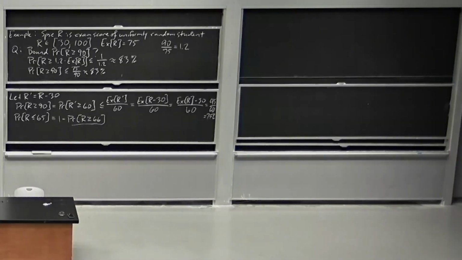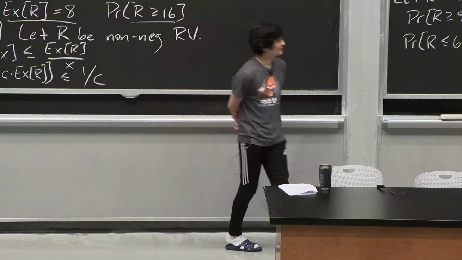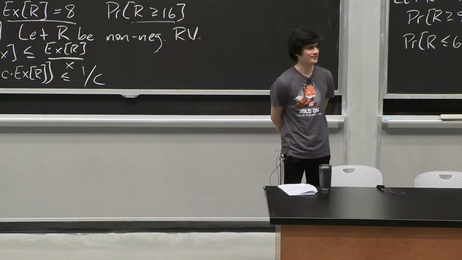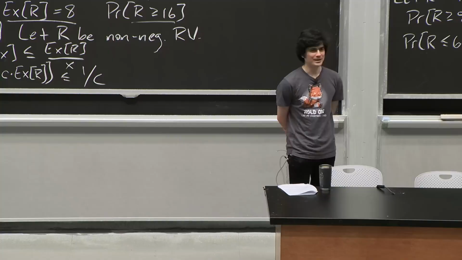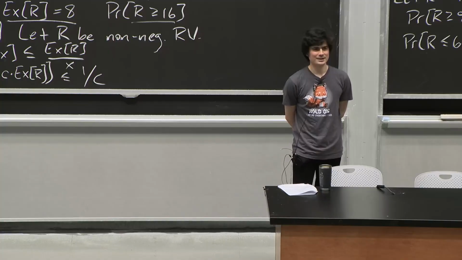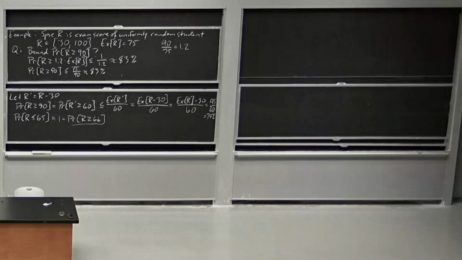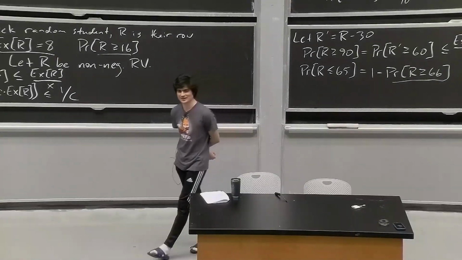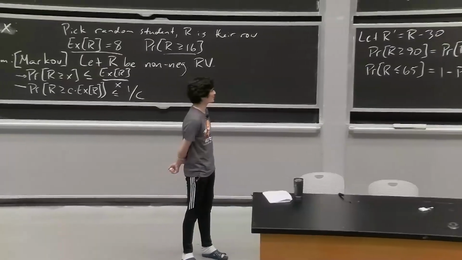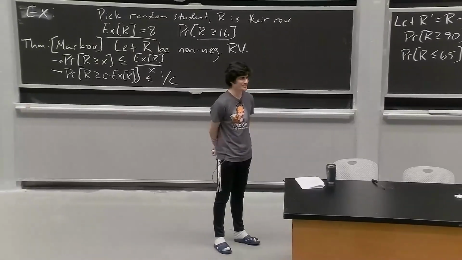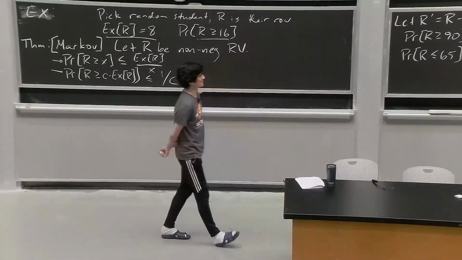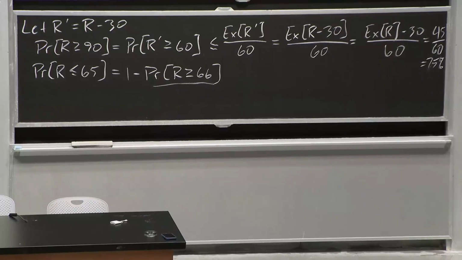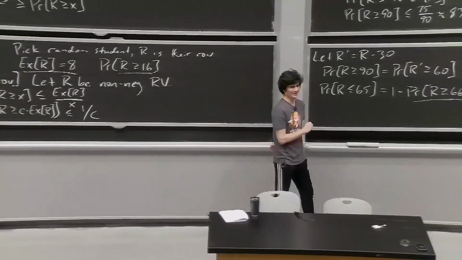Well, the probability that R is at least 66 is going to be at most 75 over 66, which is bigger than 1. So applying Markov does not tell us anything useful. It tells us that this is a probability that's bounded by 1, which we already knew. So it is a good idea, but it's not quite what we want here.